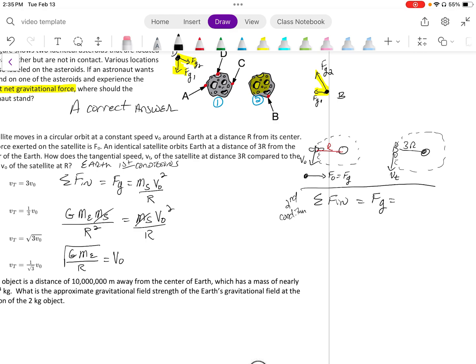And that is equal to mass of that satellite times, and they're calling that vt, squared over, now it's 3r. I'm going to expand force of gravity, big G, mass of Earth, mass of the satellite, same masses, remember, and notice the distance away is 3 times r, and we've got to square it. Equals mass of the satellite, vt squared over 3r.